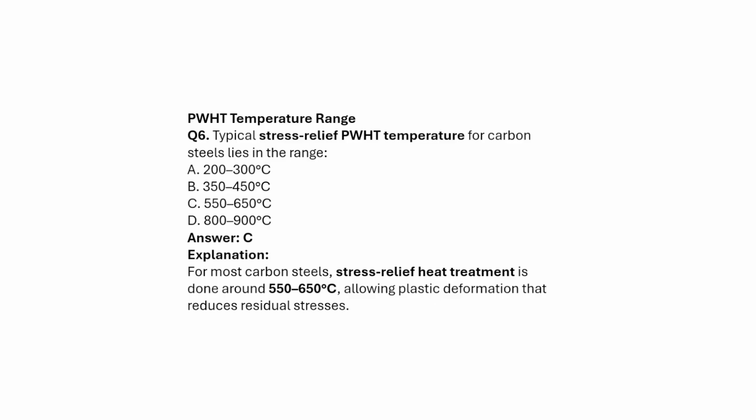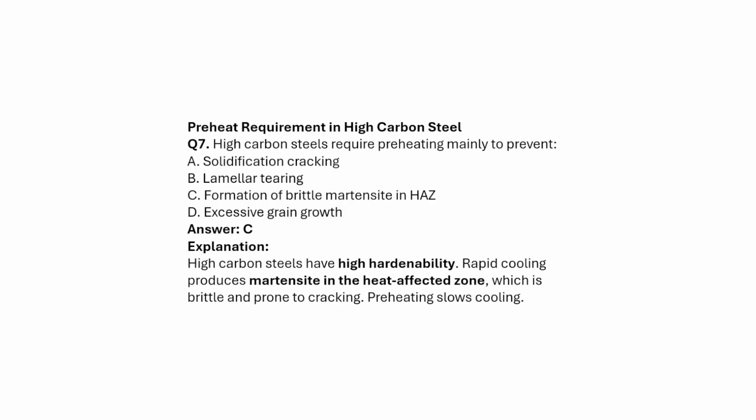Next, preheat treatment required in high carbon steel. We require preheat treatment mainly to prevent solidification cracking, lamellar tearing, formation of the brittle martensitic phase in the HAZ, and excessive grain growth. Higher carbon content means martensitic formation will be much higher, so hardenability will be higher.